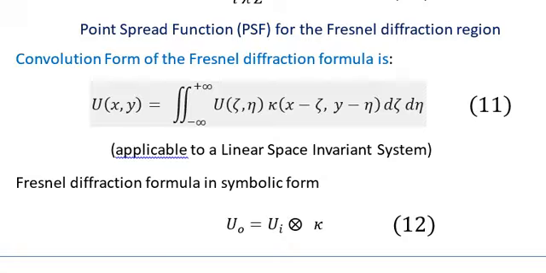So x and y are the coordinates at the point of observation, which is p naught. This is applicable to the linear invariant system.